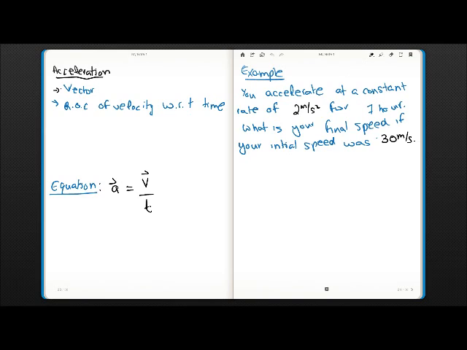In this case there is no direction, but we need to find the final speed. So the final speed is going to be v2 equals v1 plus at, the amount you accelerated for. So let's find the at, and the way I got the at is by bringing t to the other side.